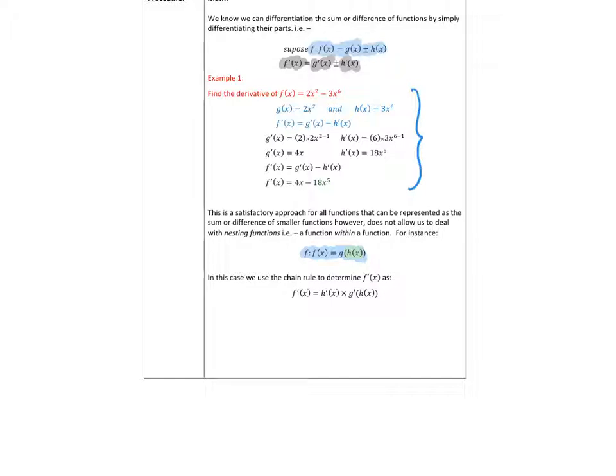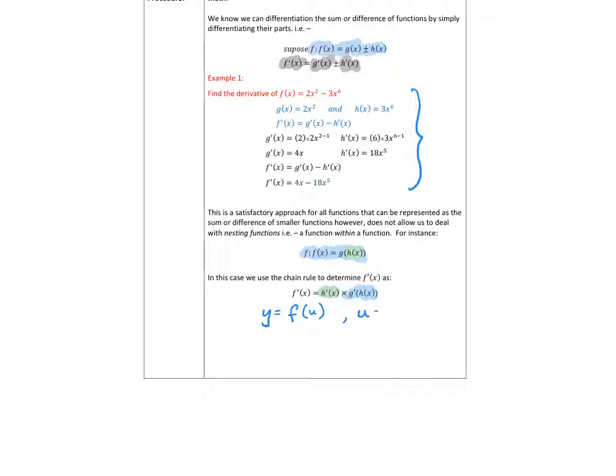Now, in order to do that, we treat the g of h of x as though it was g of u, or any variable really. And we take the derivative of the inside, h dash of x here, and we multiply by the derivative of the whole thing.